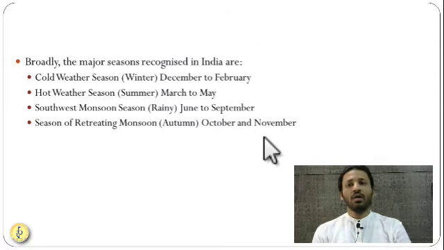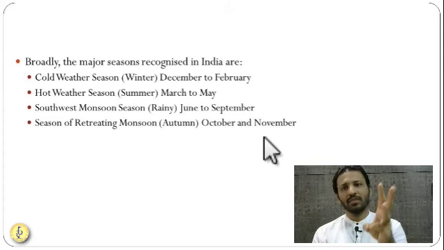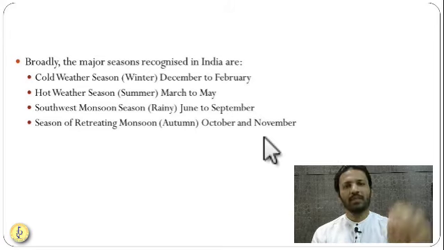Now, when we are saying climate, we can classify it into four types of seasons in case of India. So India has four seasons. Seasons are nothing but a particular set of climate in a particular period of the year. So for a particular 3 or 4 months in the year, you have a particular type of climate, you have humidity, you have rainfall.